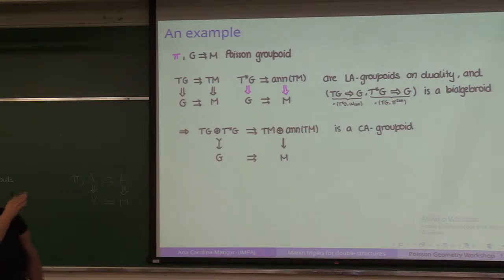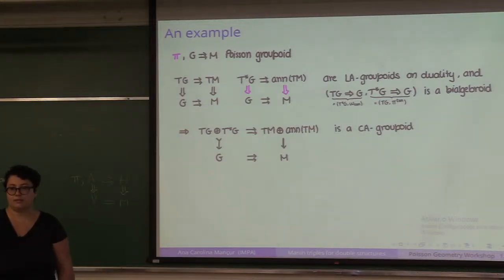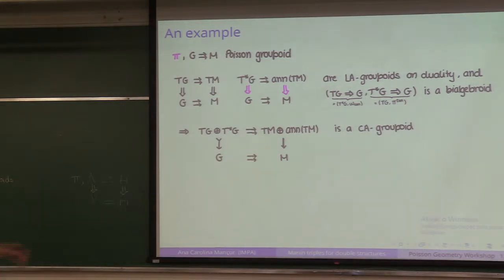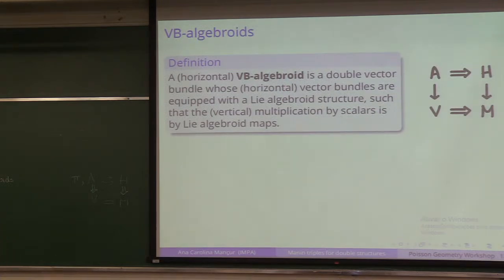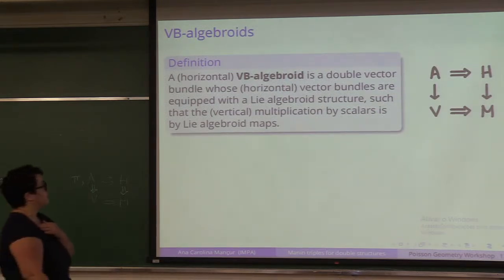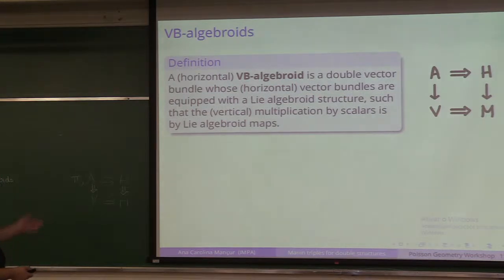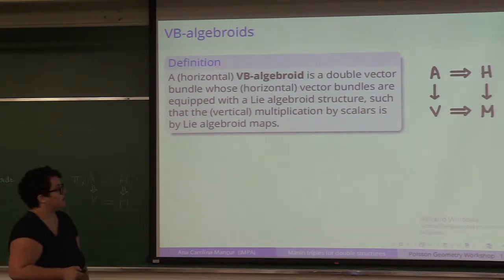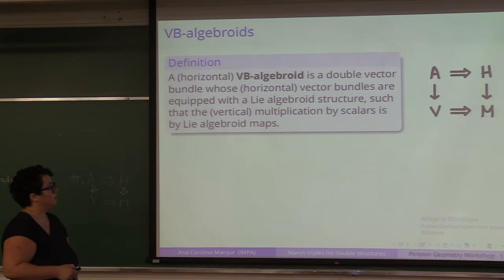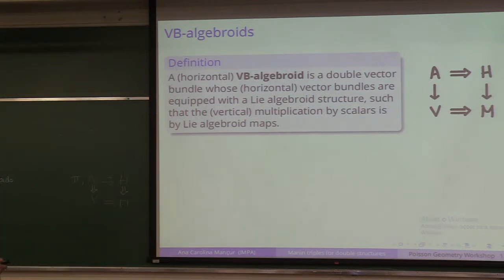Now we pass to the second line of the first diagram. So we do the same thing in the infinitesimal case. We start with some definitions again. The first definition is a kind of analog of VB. There is the VB algebroid. A VB algebroid is an algebroid over a vector bundle, and the compatibility is that the scalar multiplication here is by Lie algebroid morphisms.